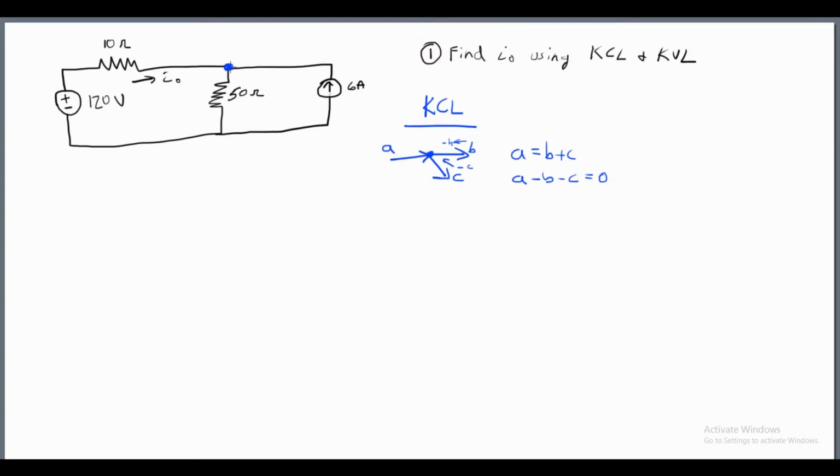So if we just sum all the currents leaving the node, we're going to have negative 6 for this current source entering here. And then if I call this voltage arbitrarily V1, for this node in the circuit here, which would simply be the voltage between this node and ground, that would be the same thing as I1 times 50 ohms, which is this new current I just drew here.